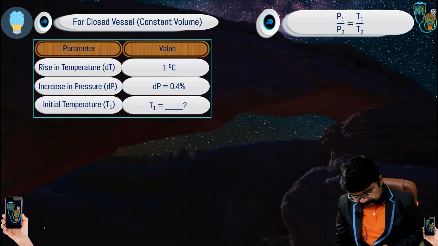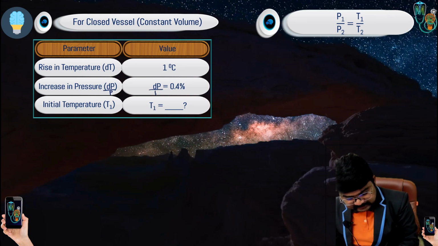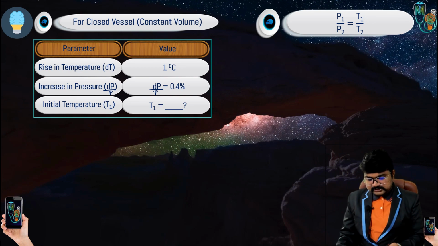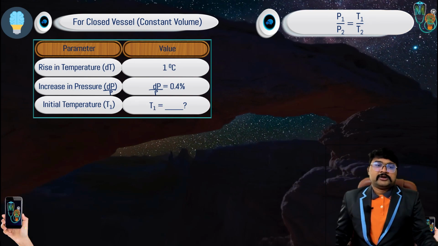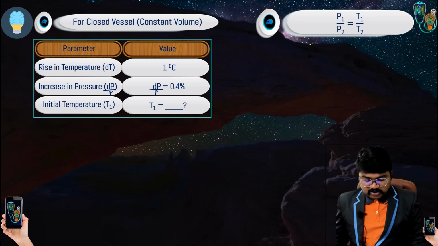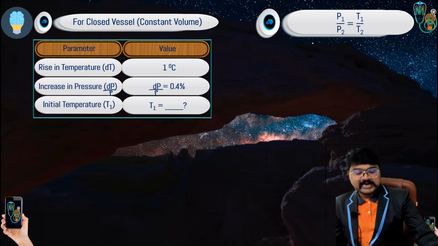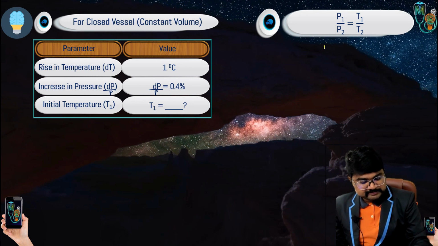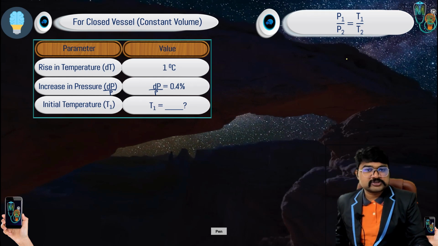Now tell me, constant volume in the sense pressure is directly proportional to temperature.